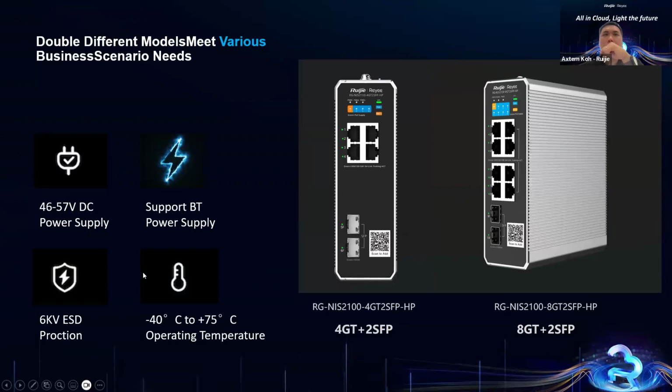These are the models we are going to launch. One model has 4 LAN copper ports and 2 gig fiber ports, and another has 8 LAN copper ports and 2 gig fiber ports.